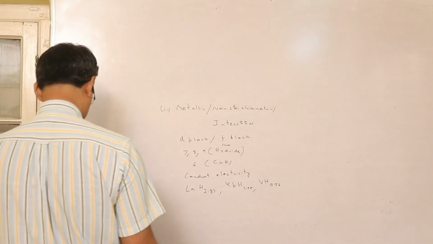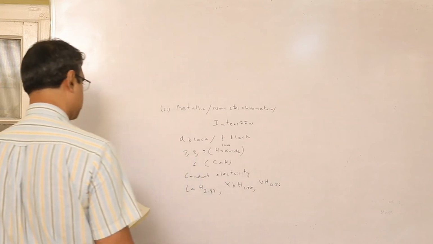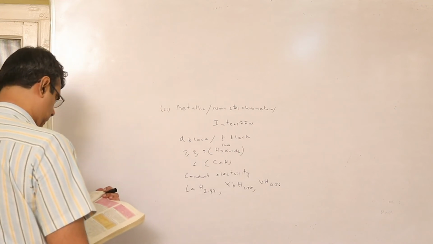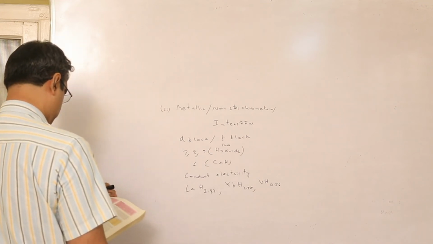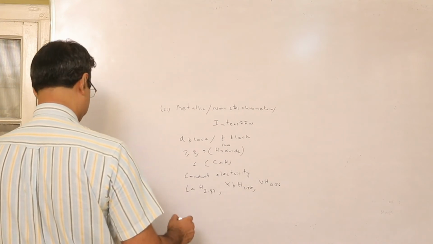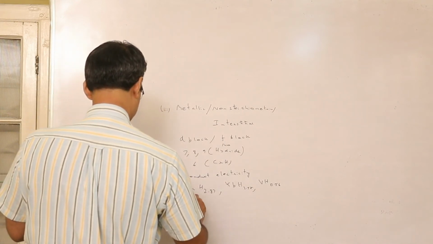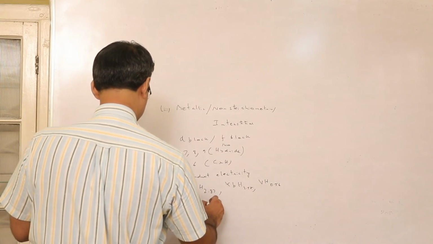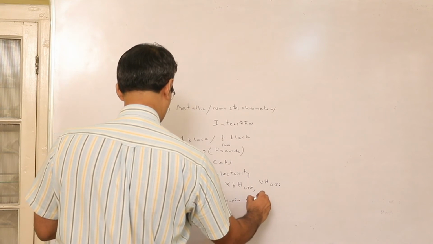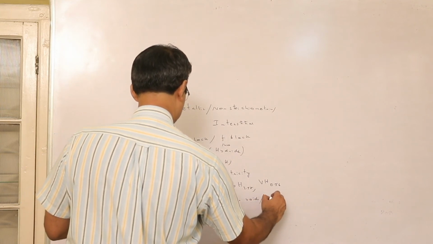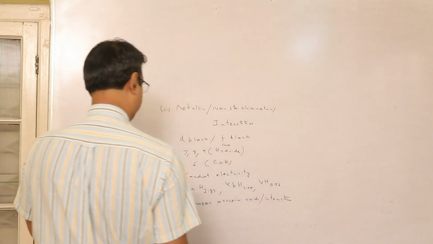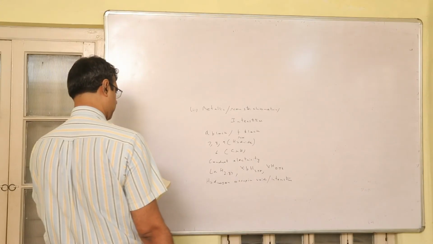Now, when it was studied why they have non-stoichiometry, initially it was thought that in the metal lattice, the hydrogen occupies voids, or you could say interstices.